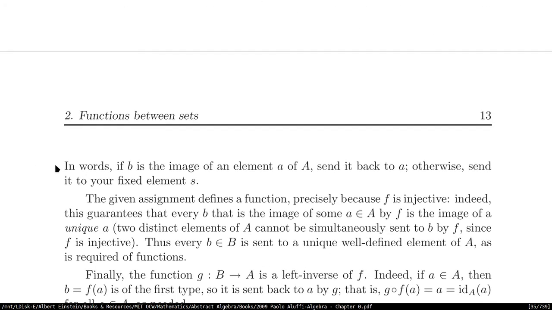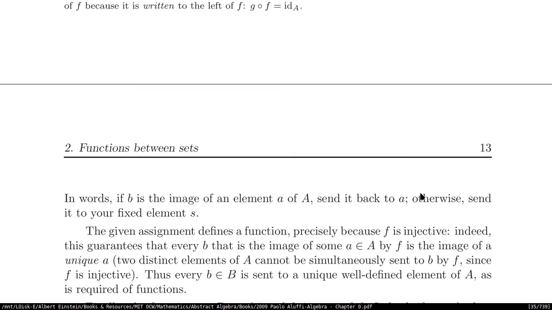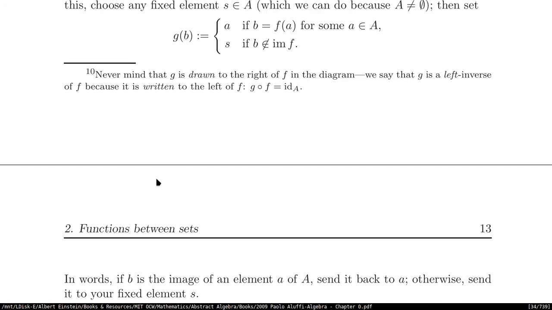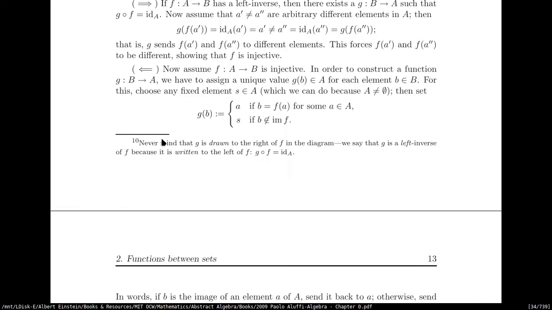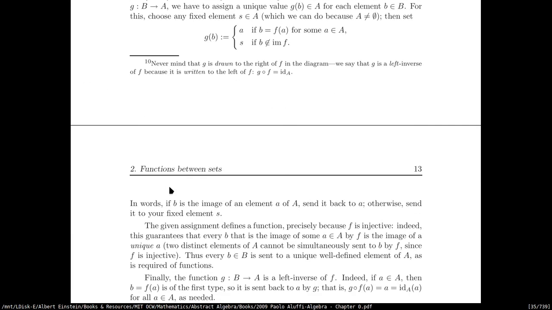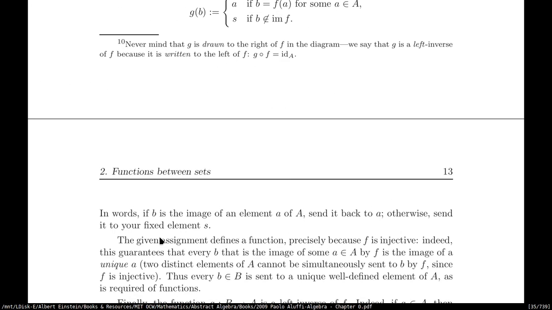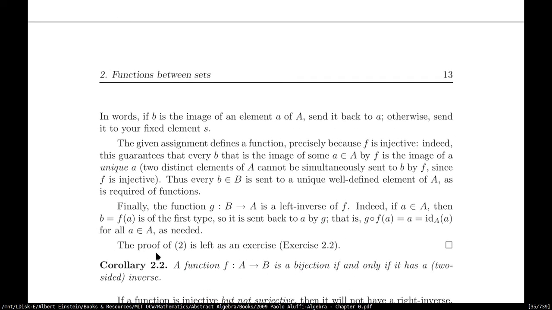So in words, if b is the image of an element of A, send it back to a. Otherwise, send it to your fixed element s. If you don't have an image, then you just go back to the fixed element that you picked.